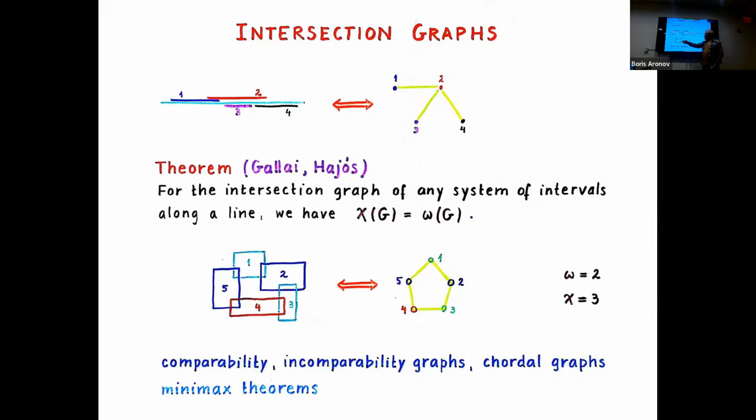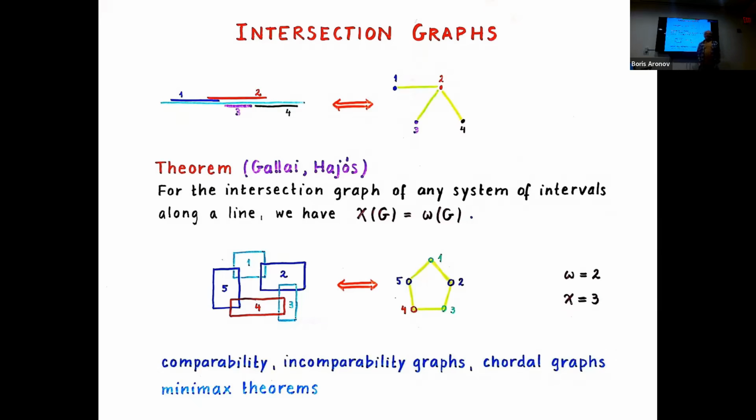But as this example shows, the intersection graph of this system is a cycle of length 5, in which there is no triangle, meaning that the clique number is 2, and yet the chromatic number is equal to 3. So definitely, these are not perfect.